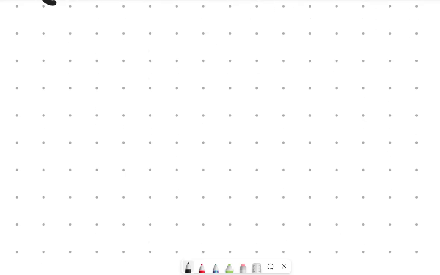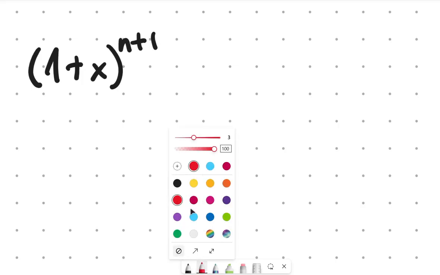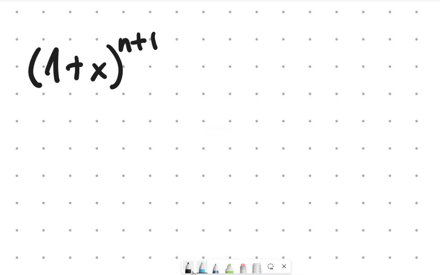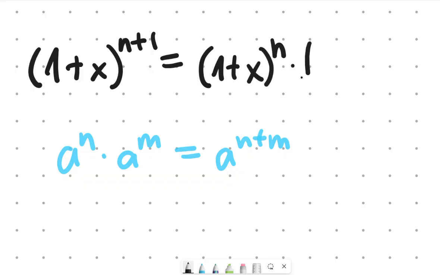So let's start with the left-hand side, (1 + x)^(n+1). We know through some rules that a^n times a^m is equal to a^(n+m). So we can write this down as (1 + x)^n times (1 + x).